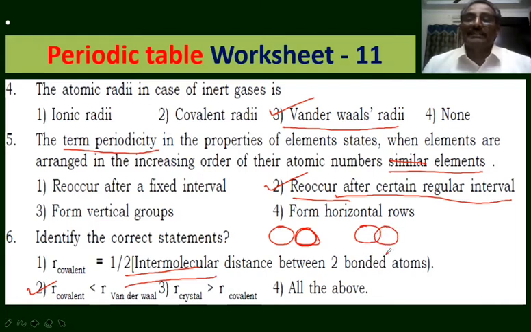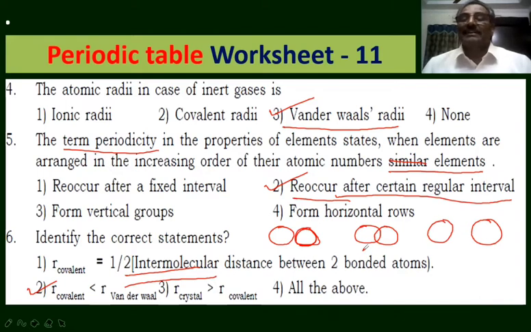So covalent radius will be like this. The van der Waals radius is half of the interatomic distance between the atoms of two different molecules. So van der Waals radius is more. The order is crystal radius greater than covalent radius.